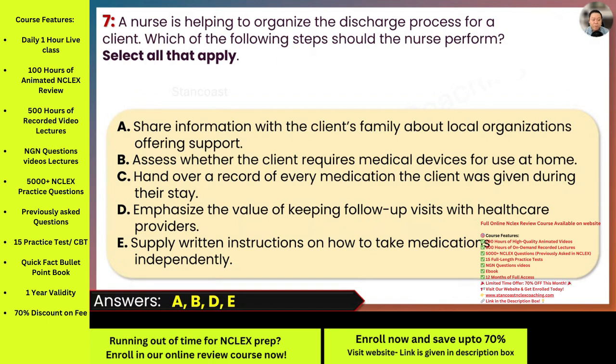Now, what about letter E? Why is this also a good option? Well, medication errors are a major cause of hospital readmissions. And patients, especially those on multiple medications, tend to forget or maybe misunderstand the instructions.